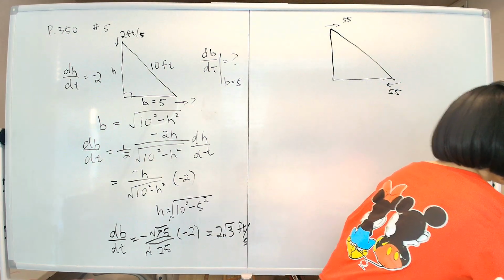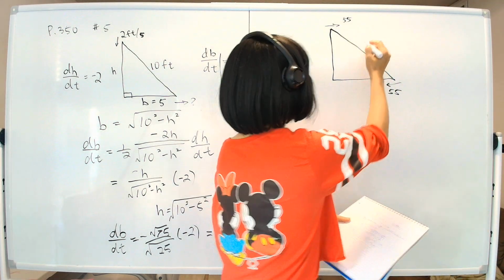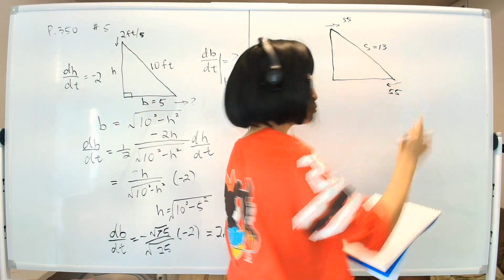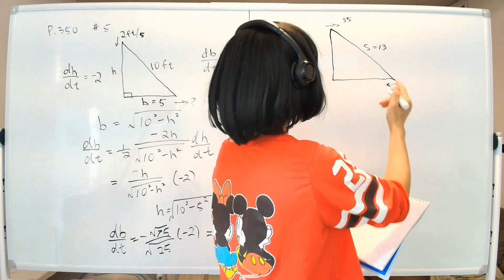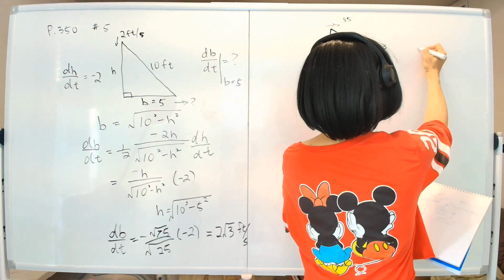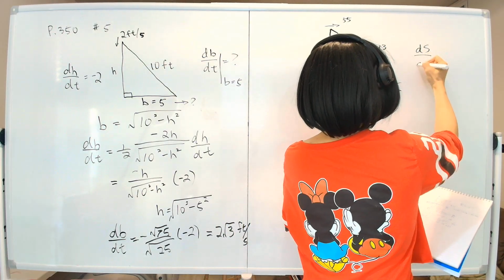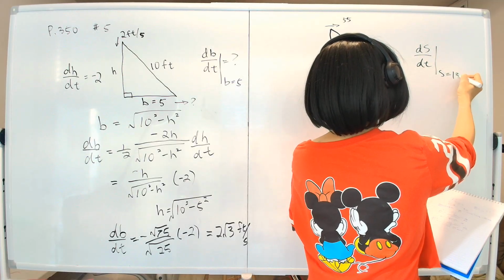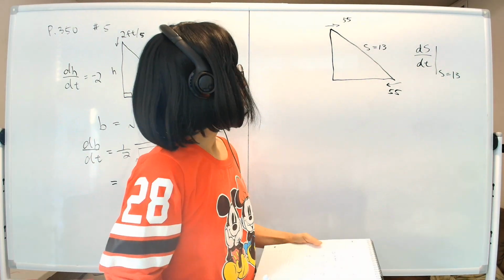All right, and here s equal to 13 is where we want to do the math. However, we need to figure out what ds by dt is when s equals 13. That's what we're shooting for.